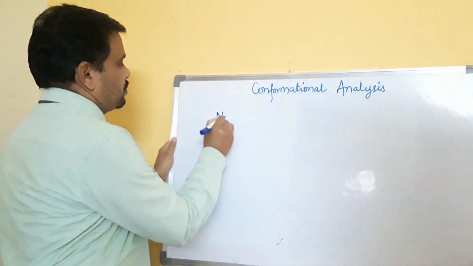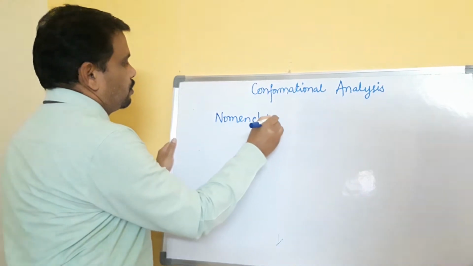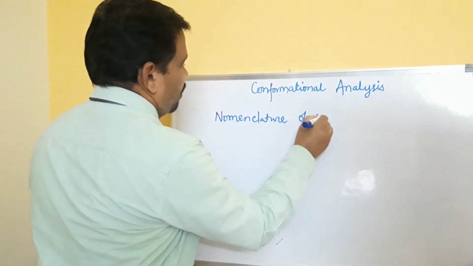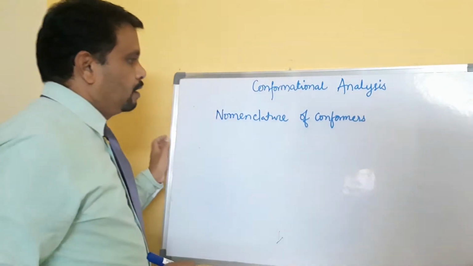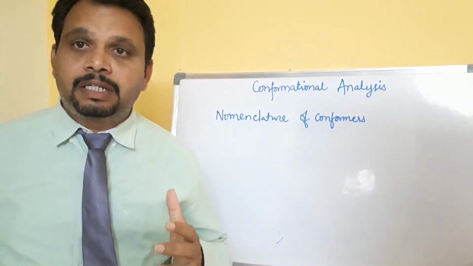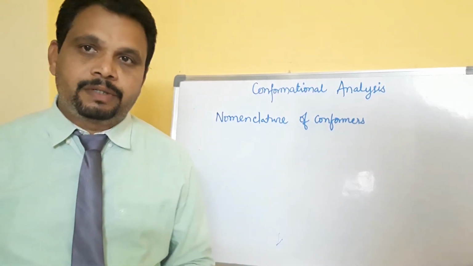Nomenclature of conformers. It is very important to learn the nomenclature of conformers, because if you don't know how to name them, it is very difficult and confusing to answer questions.